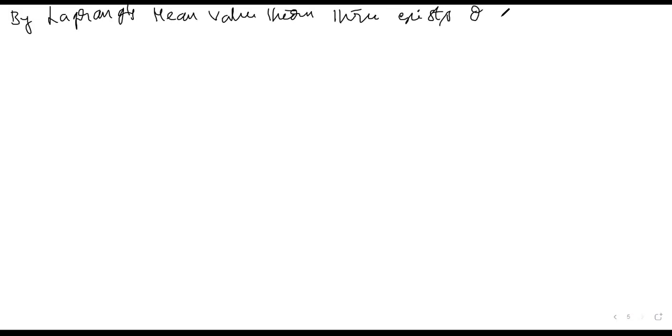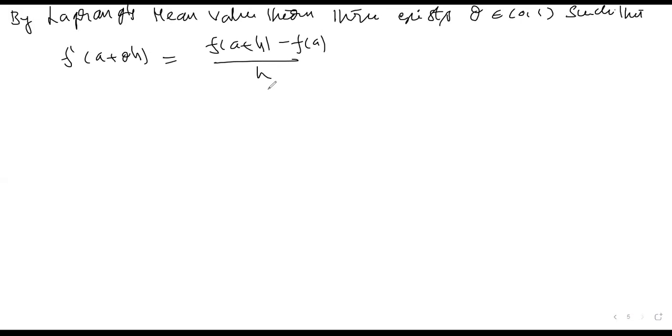Therefore, by Lagrange's mean value theorem, there exists theta belongs to 0 comma 1 such that f dash of a plus theta h equals f of a plus h minus f of a by h. This is our problem.